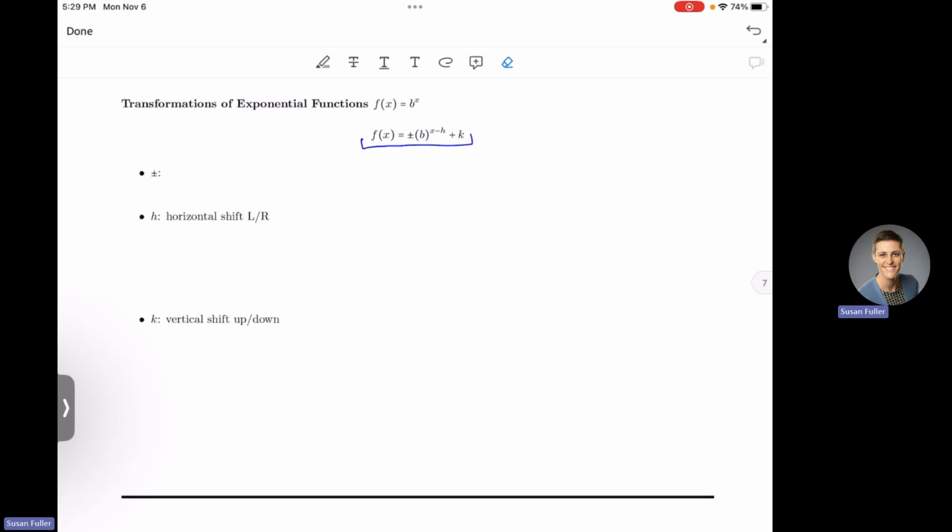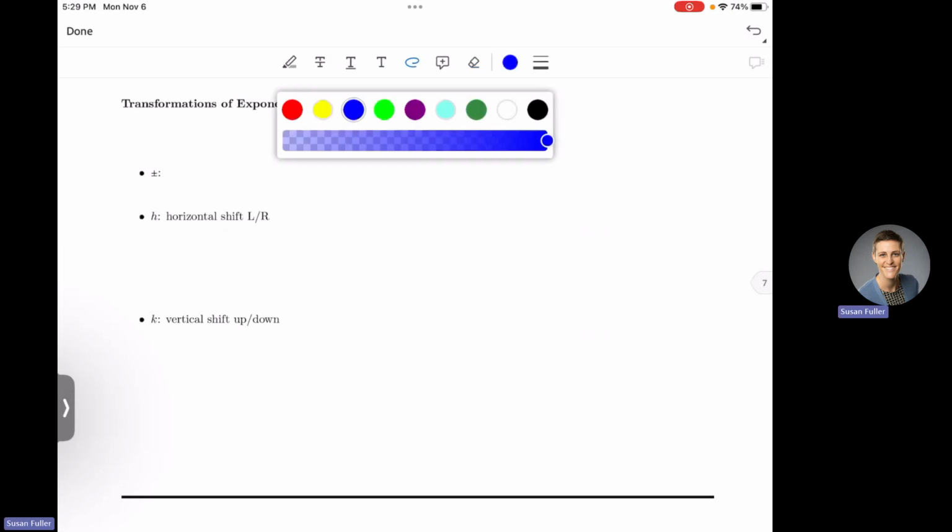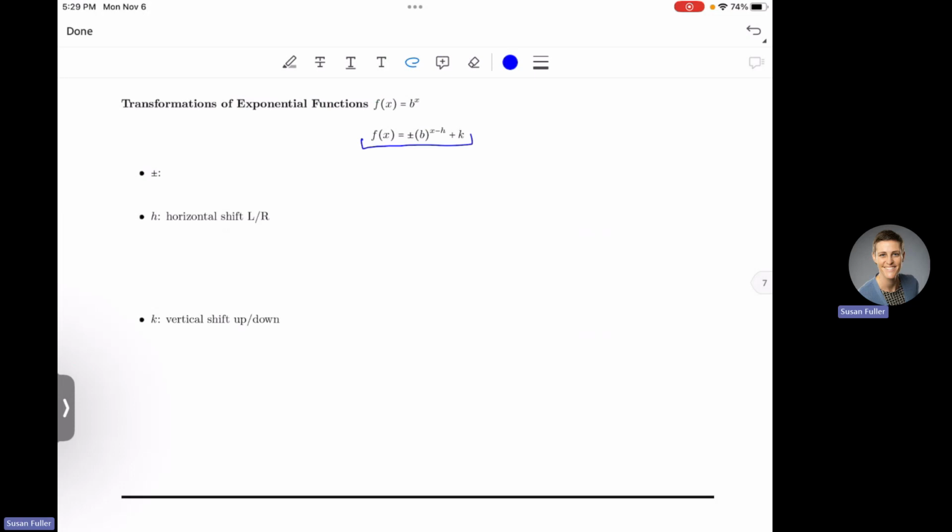Okay, so let's talk about what each of these is going to do. So let's first start with this plus or minus out front. If there is a negative out front, then we are multiplying by a negative on the outside of our function.